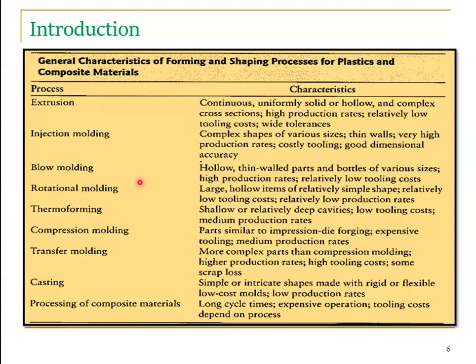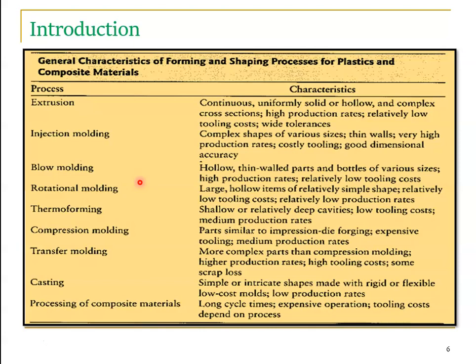Compression molding makes parts similar to impression die casting, which we already studied. For the same products as impression die casting, you go with compression molding. Transfer molding makes more complex parts than compression molding, with higher production rate, higher tooling cost, and the same scrap loss, so the loss will be more.